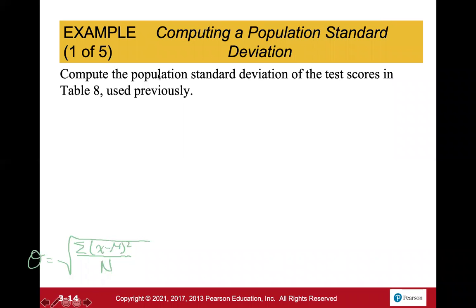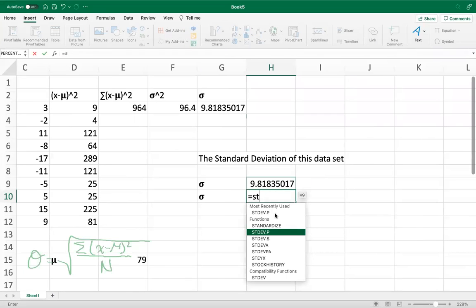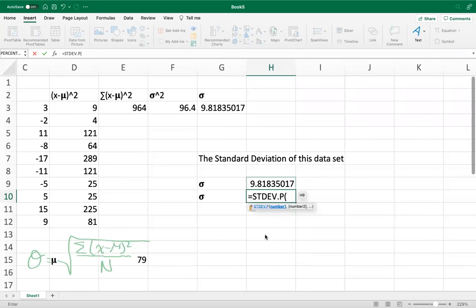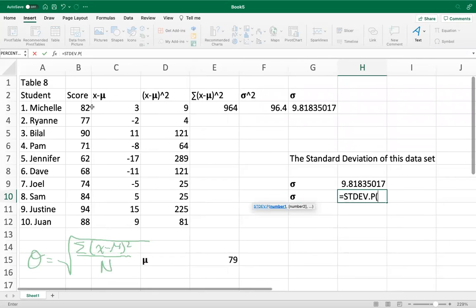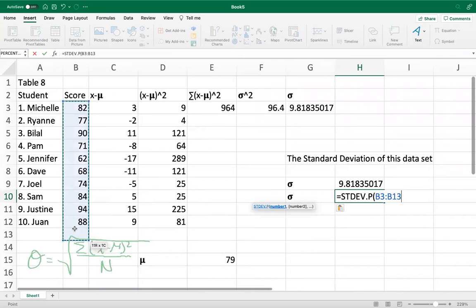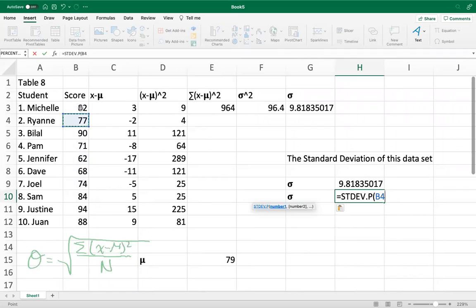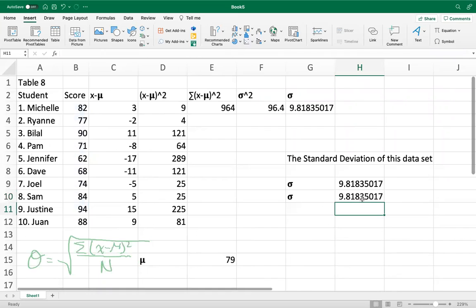So we compute the population standard deviation. We could come over here and grab the original data set. And it's the exact same number because it's computed the exact same way. So there we go. Shortcut. This is the entire process of what Excel does whenever we ask it for the standard deviation of the population.